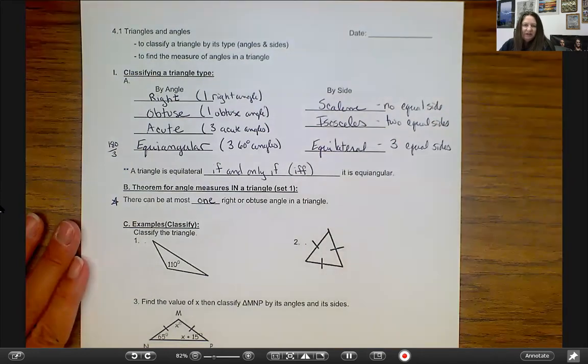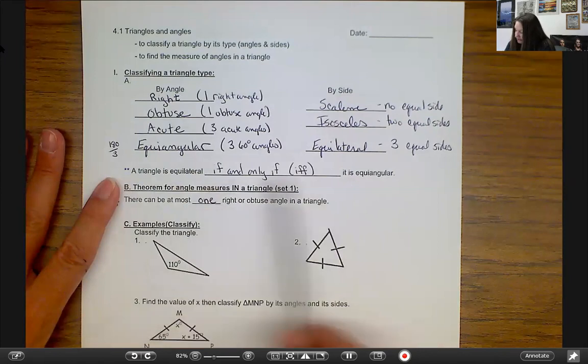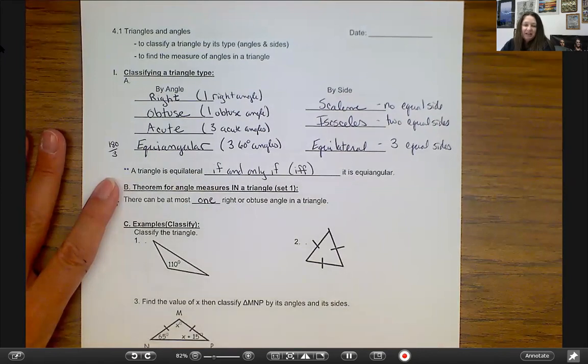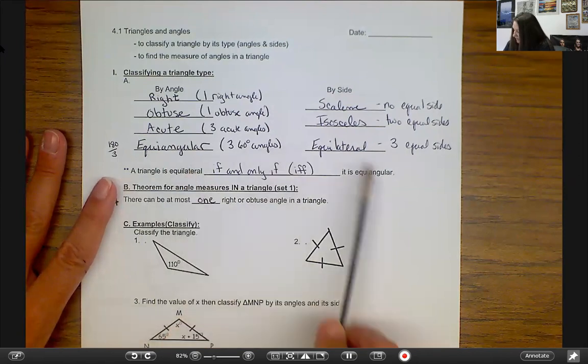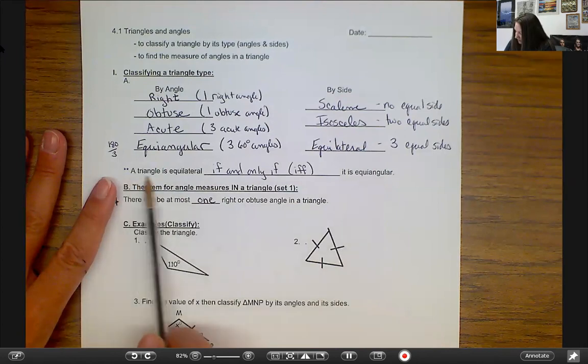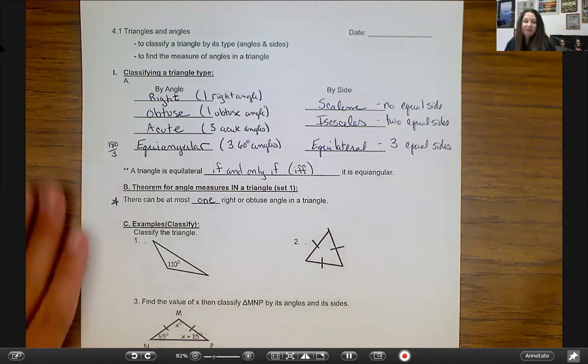All right, so now we just want to look at a statement or a conclusion that we can make. If a triangle is equilateral, it must then also be equiangular. So as a logic statement, we say a triangle is equilateral if and only if it is equiangular.